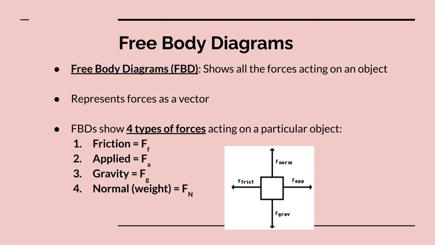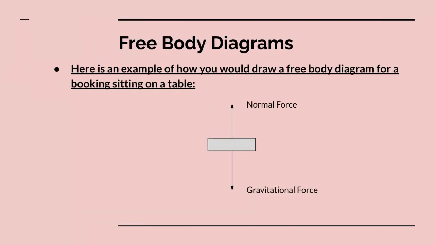Friction force, applied force, which I also will call the action force, the gravitational force, just gravity, and the normal force as well. Here they are with all of their specific symbols, how we denote them, and what you should expect when we are writing these down in these examples. There's a picture here in your notes that's a pretty good example. They show it differently than I do, with different symbols as well, but that's fine.